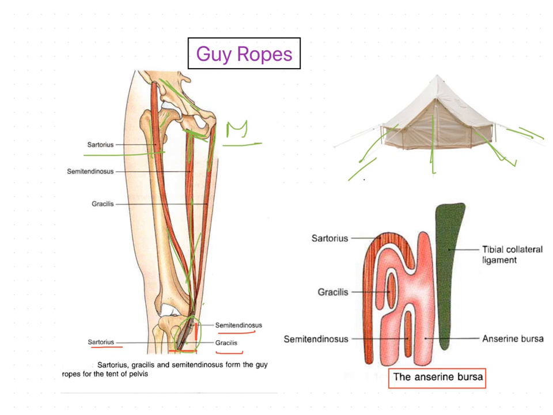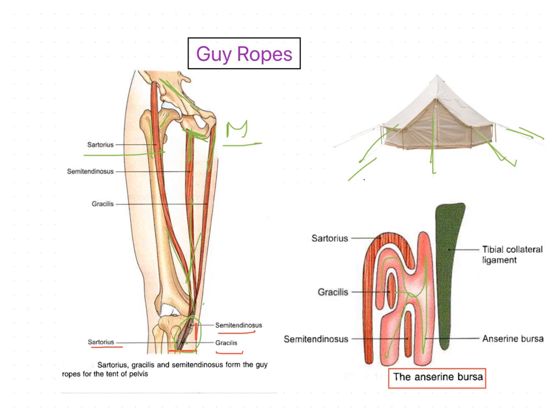And if you see the anserine bursa, which is also related to the medial side of the leg, this bursa is large and complicated with several diverticula.